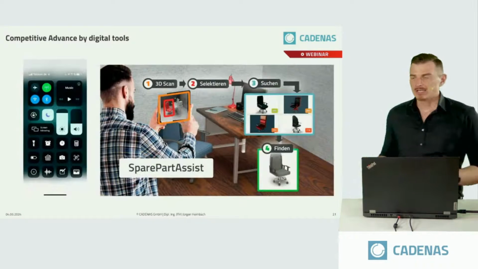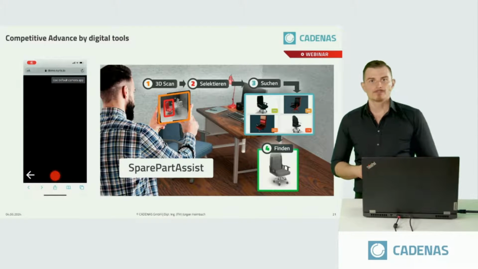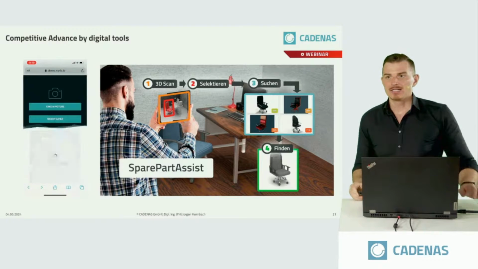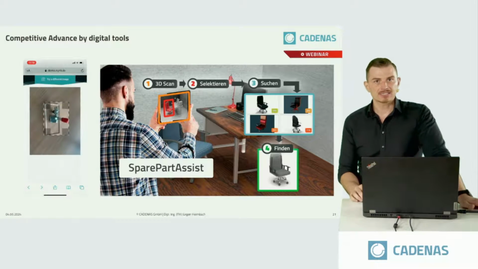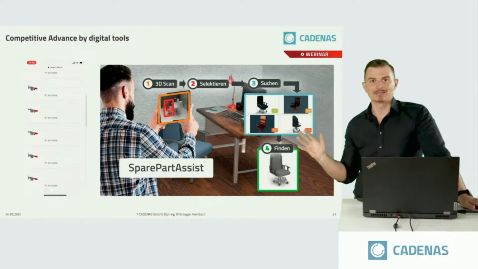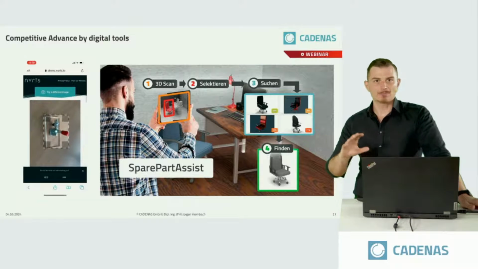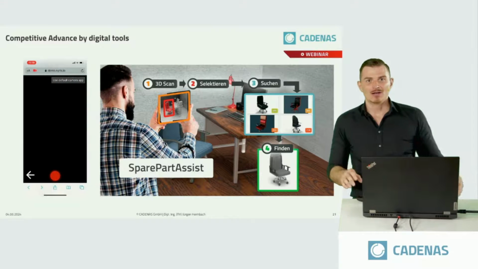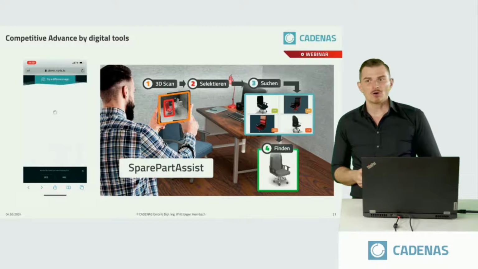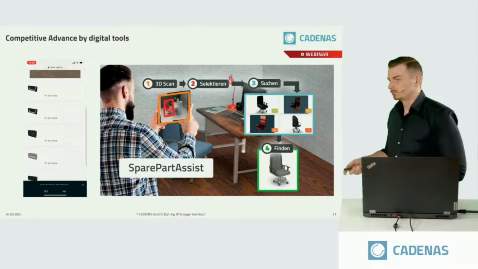And a very interesting tool, for example, is the spare part assistant. So in order to identify spare parts, it's already very easy to just take a photo of this specific part to identify it. That's a very hard challenge, to identify parts that maybe have no sign and no number anymore on them, and you can already identify it just by a photo.